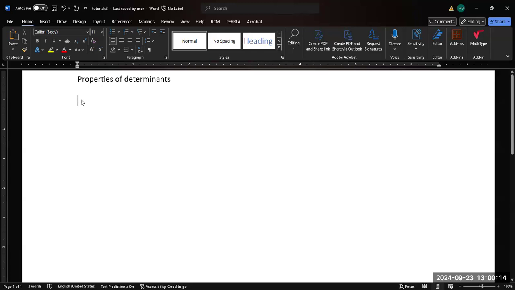So let's start with the row operations. The row operations are basically that: no change to the determinant if you add two rows of the matrix together.